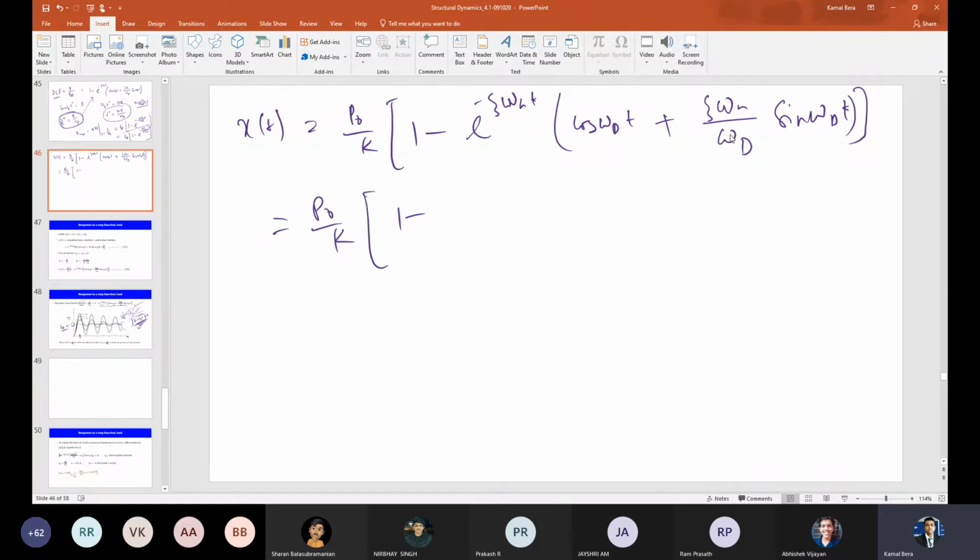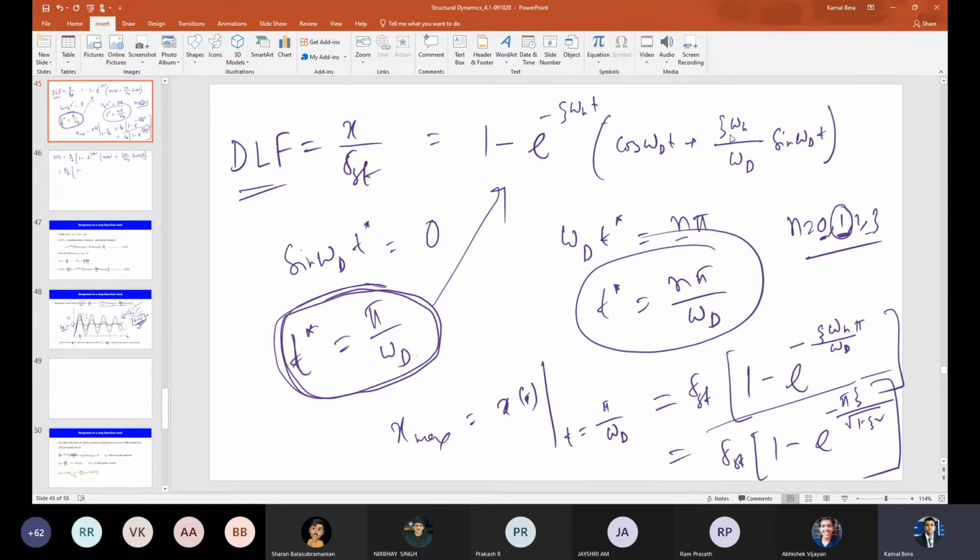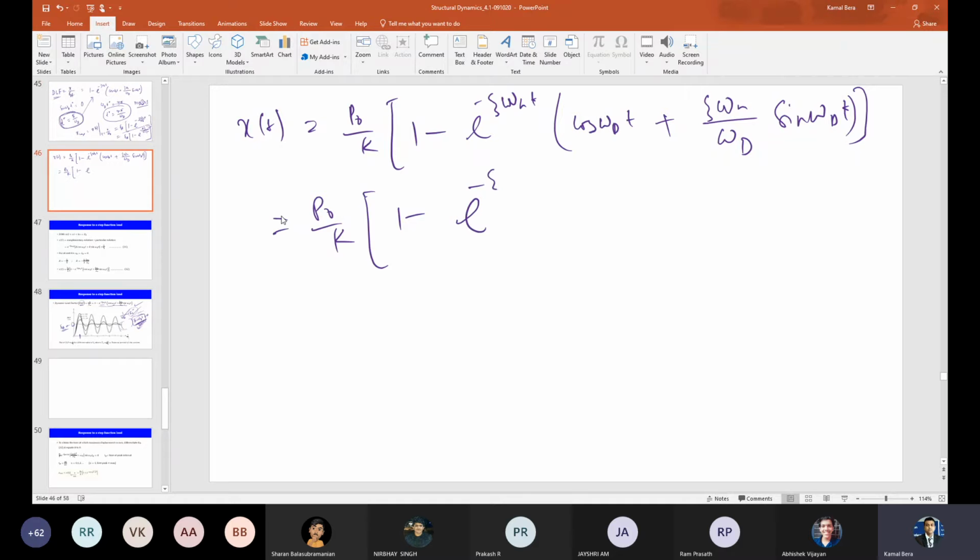So I want to find out at t star is pi by omega d: cosine pi plus zeta omega n by omega d sine pi, right? Correct?